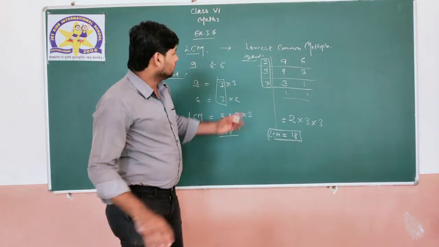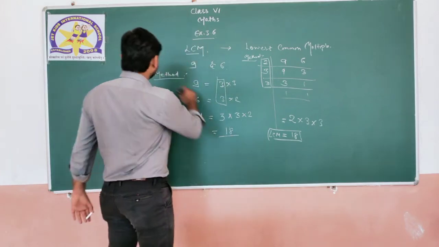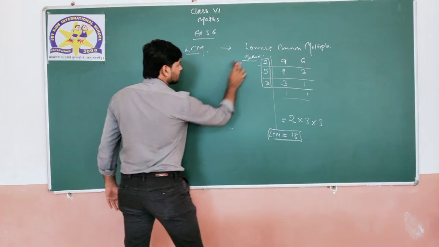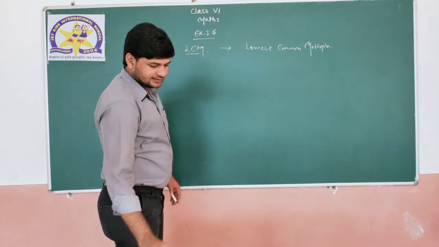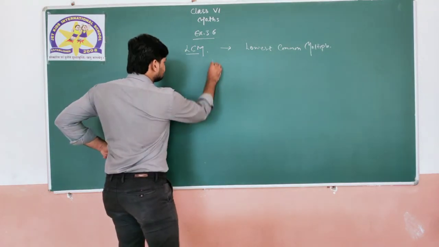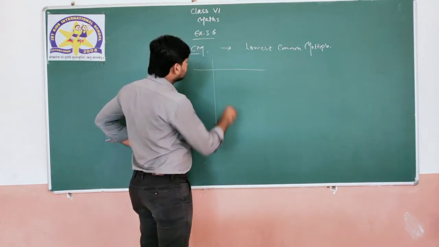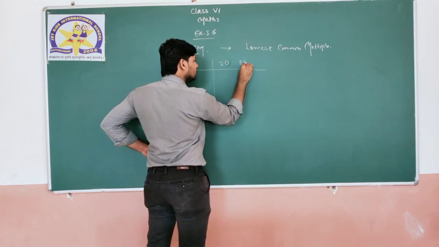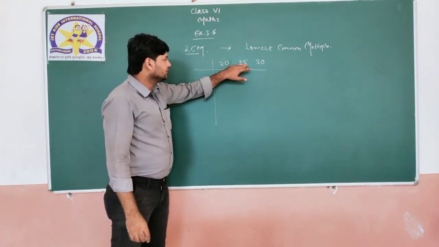Directly you can find it. Now let us take one more example of LCM with bigger numbers. 9 and 6 was the previous one. Let us take the 11th example: 20, 25 and 30.